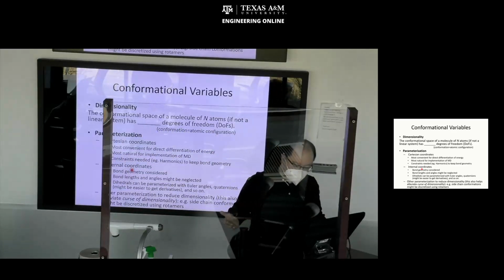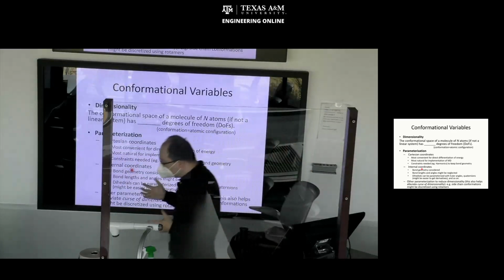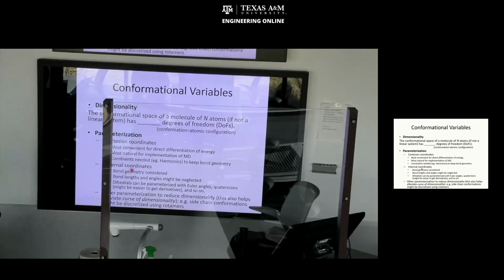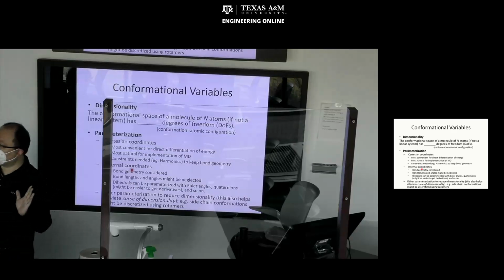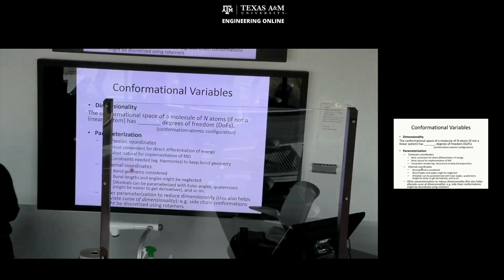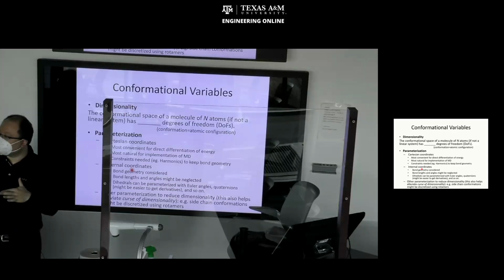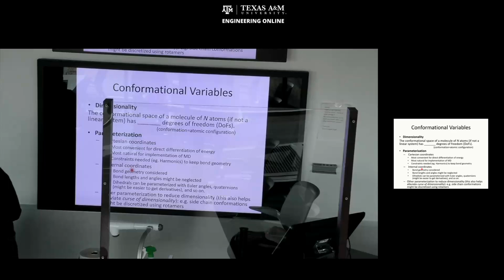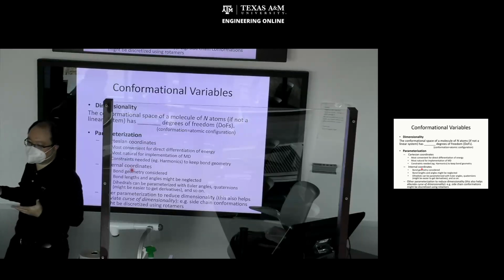So of course, the dimensionality of the search space is one thing, but how you parameterize the search space is another thing. It's not like it's always ideal to parameterize your search space so that it's matching the degrees of freedom, right? Because it may sound economic, but it may give you a hard time optimizing, okay?